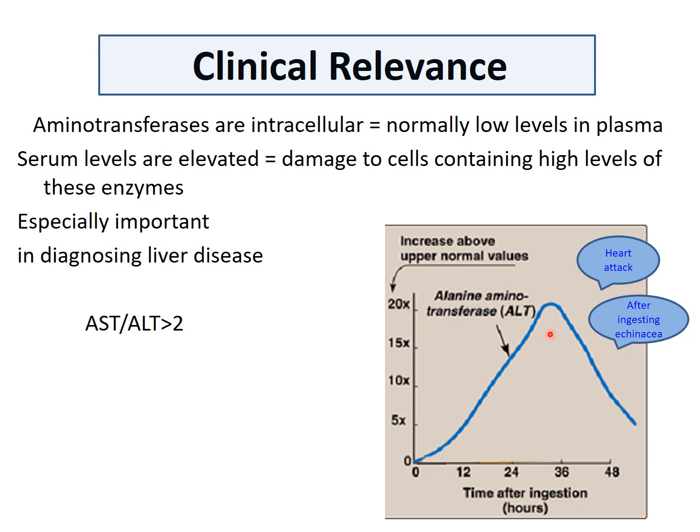It also can be released with muscle damage, but it's important to remember that we do use it to look into liver damage by looking into the ratio of AST over ALT. So both of them will be increased, but if the AST to ALT ratio goes above 2, it is more indicative of liver disease.